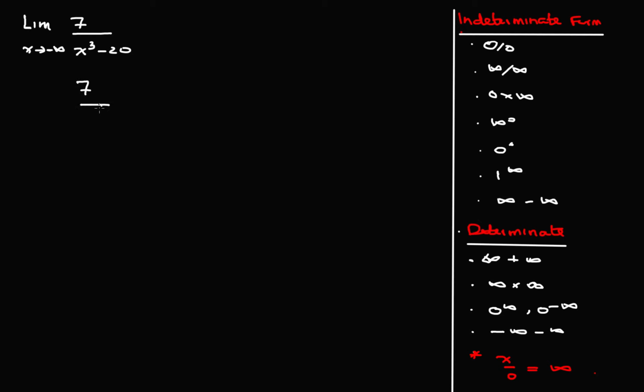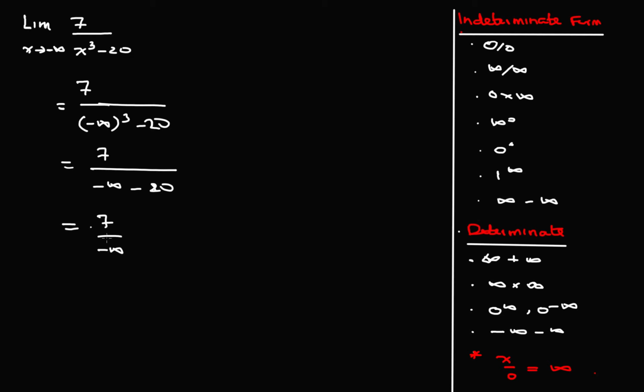So here we can have 7 over negative infinity cubed minus 10, so 7 over negative infinity minus 10, minus 20. We're going to say that it's still minus infinity.